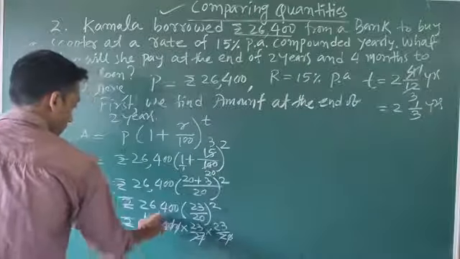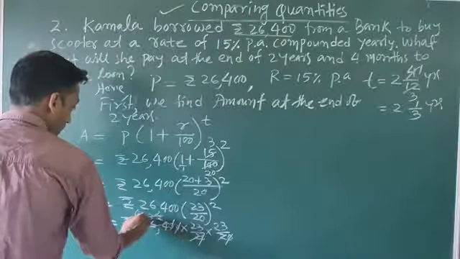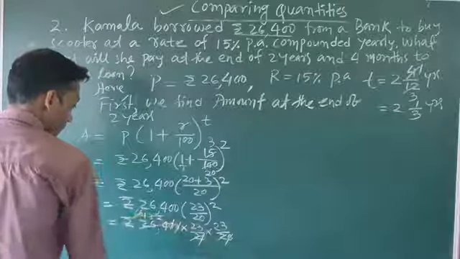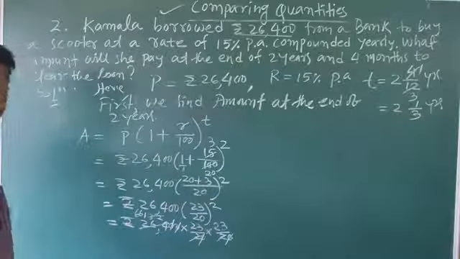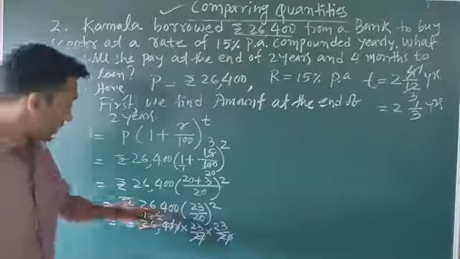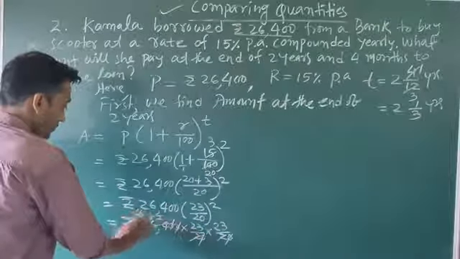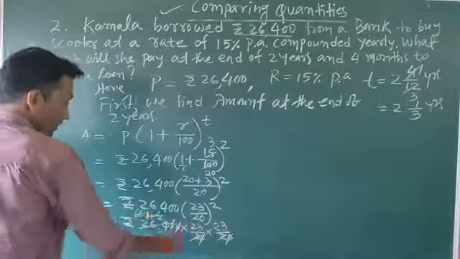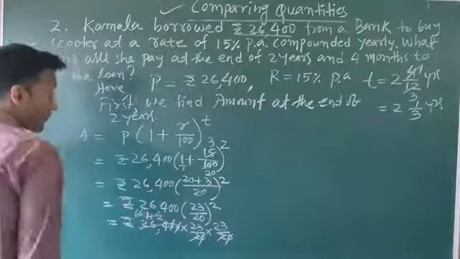Again 2 into 66 is 132. So what is left is 23 into 23 into 66.